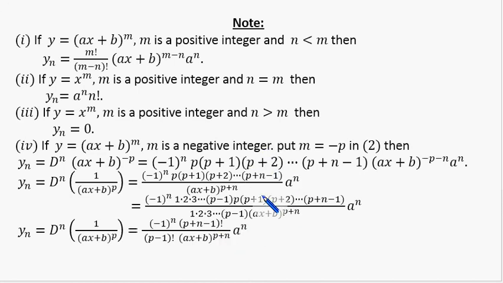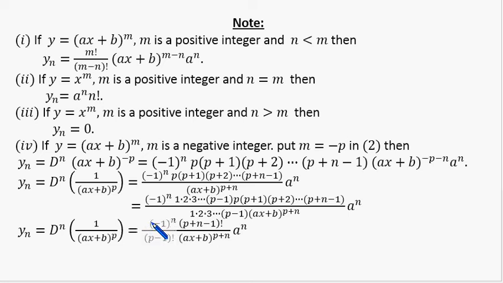Here also we have to multiply throughout by 1 into 2 into up to p minus 1, both numerator and denominator. It can be written as p plus n minus 1 factorial divided by p minus 1 factorial.